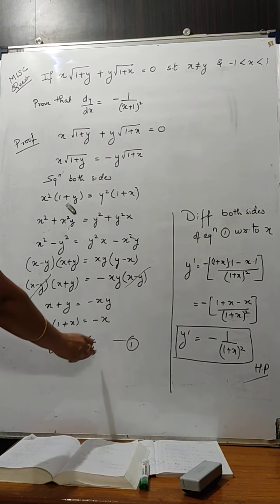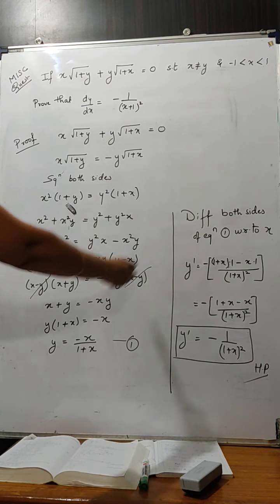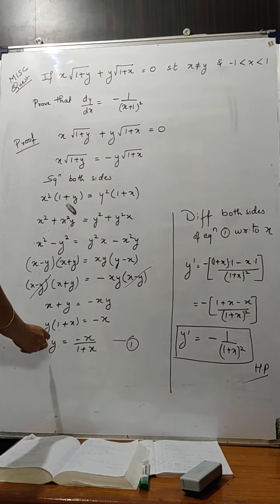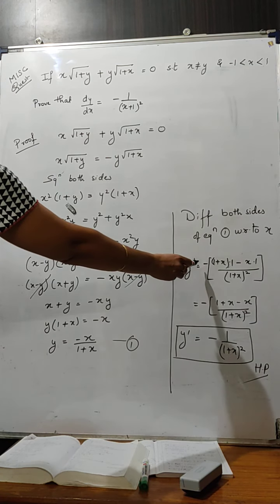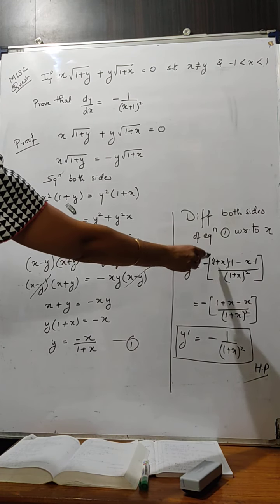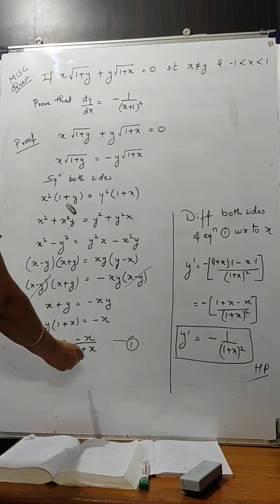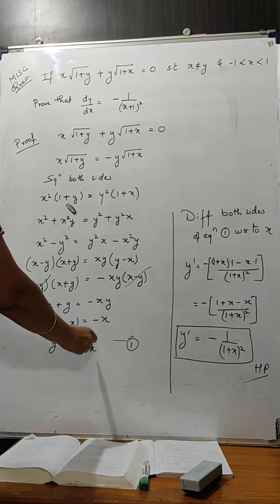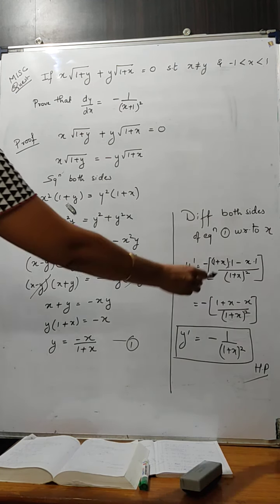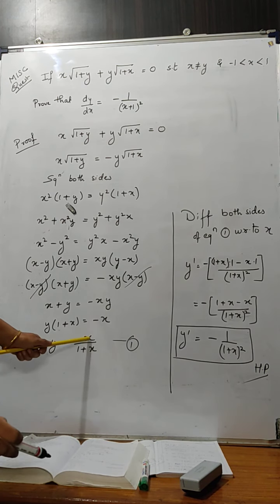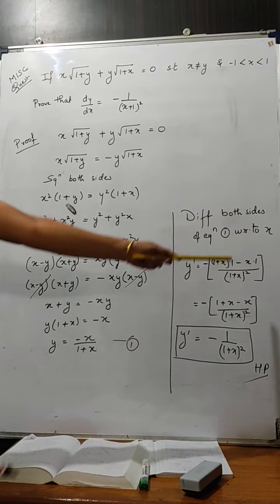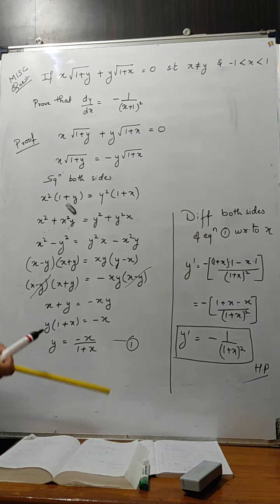Now here we can easily differentiate the function with respect to x. So differentiating both sides with respect to x, y dash equal to, here children I have taken negative first of all common and then used the concept of quotient rule. And what is the quotient rule? Denominator the whole square, denominator into differentiation of numerator minus numerator into differentiation of denominator.